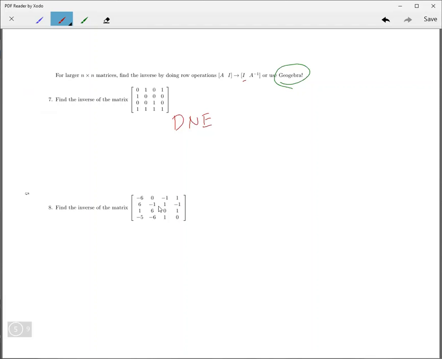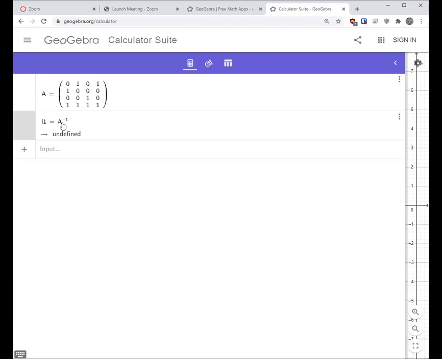Okay, so a more complicated matrix. Let me show you how you would do that one. And so let's go ahead and put that other matrix in. So I'll go back over to our good friend Geogebra, and I'm going to call this matrix B, and I need to put the entries in here.